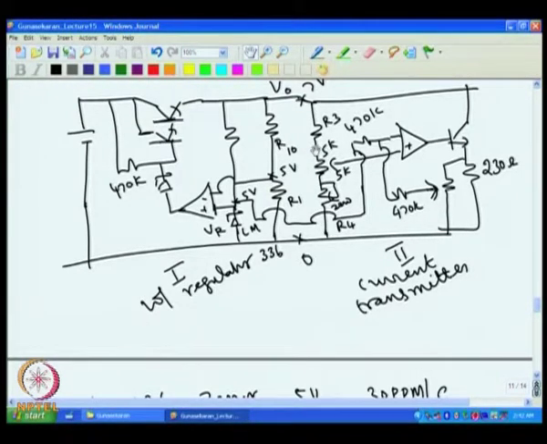So, now at 4.5, what will be the change, because if this voltage changes by 25 millivolt, that is what we have calculated, then what is the expected change at the midpoint.